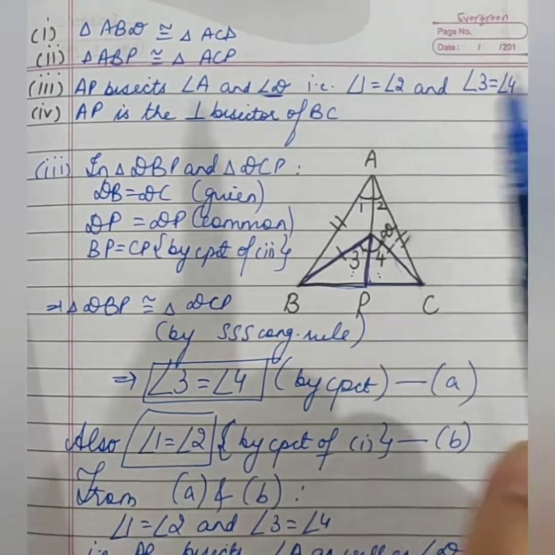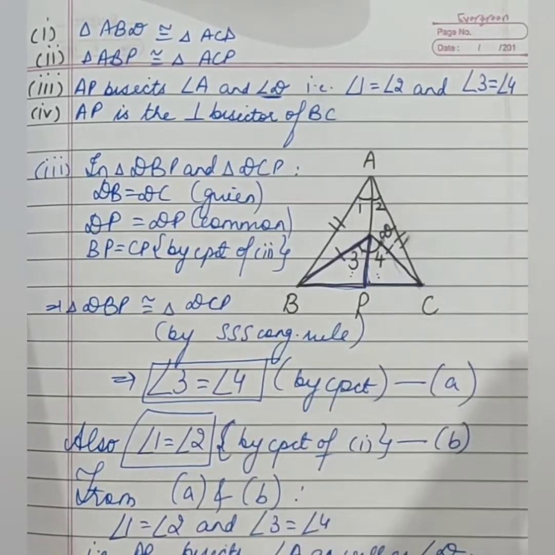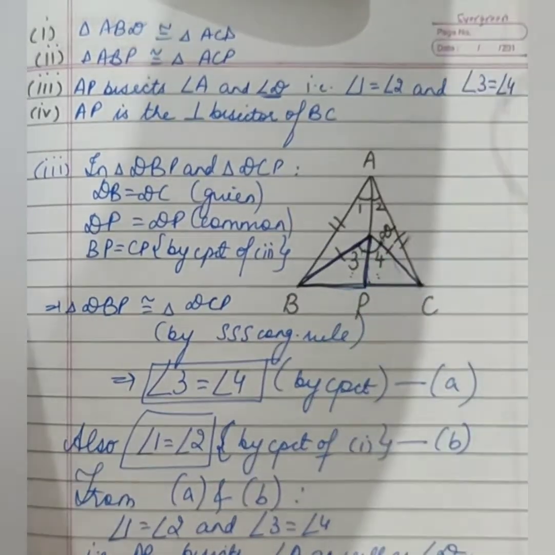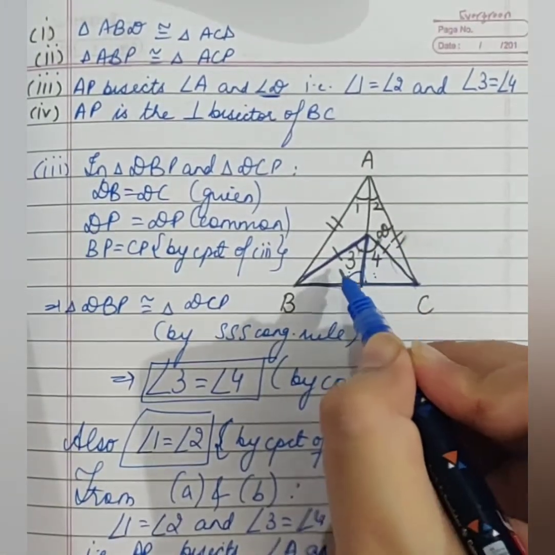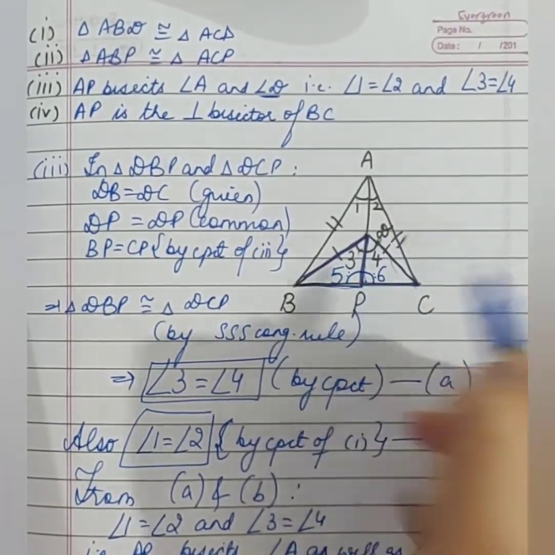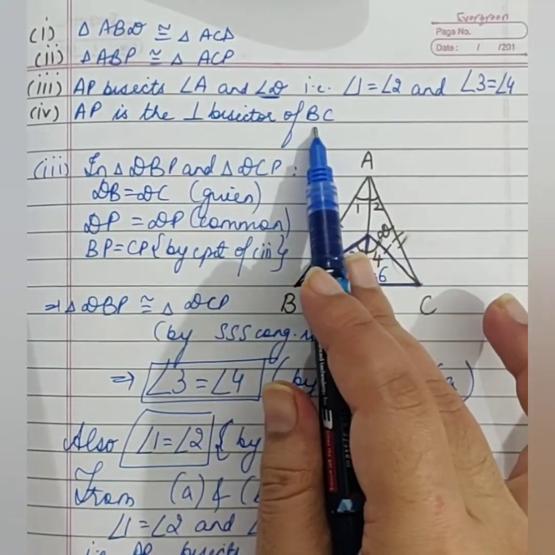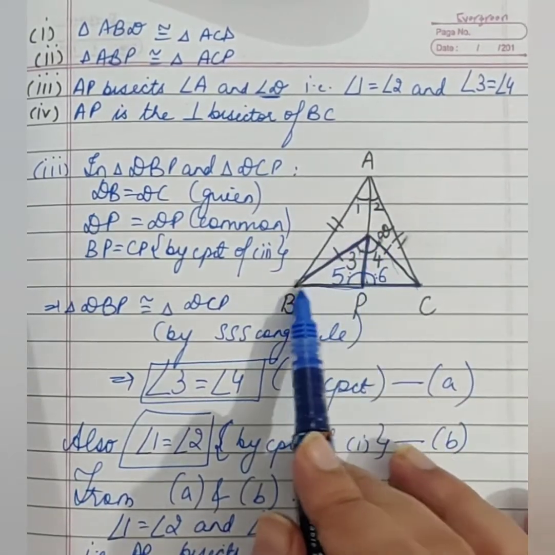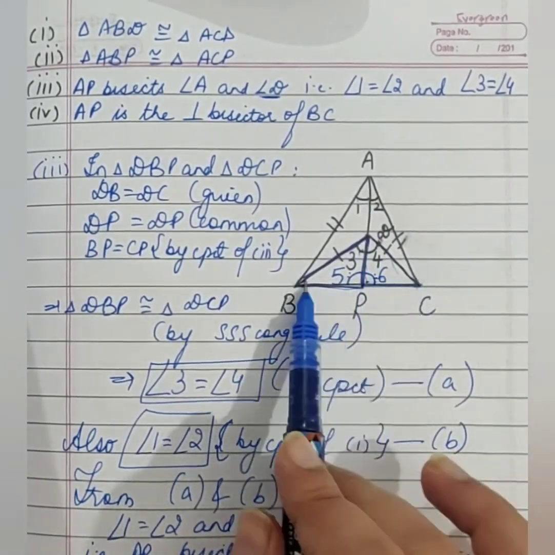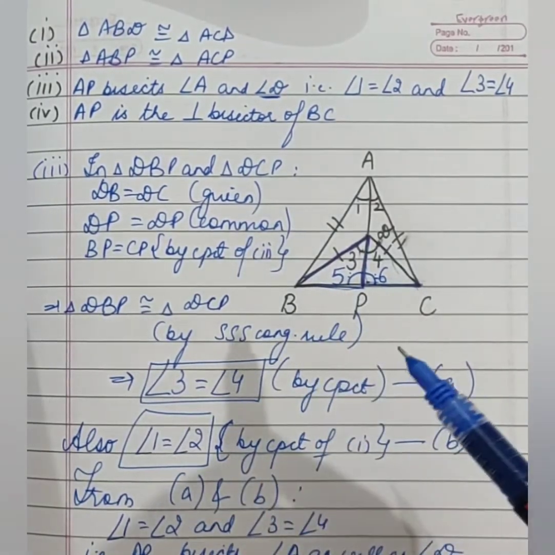The fourth part is AP is the perpendicular bisector of BC. What does it mean? If I name this angle as, let it be angle 5 and this is angle 6, AP is the perpendicular bisector of BC. That means AP makes 90 degrees on BC, perpendicular means 90, and bisector means dividing it into two equal halves.